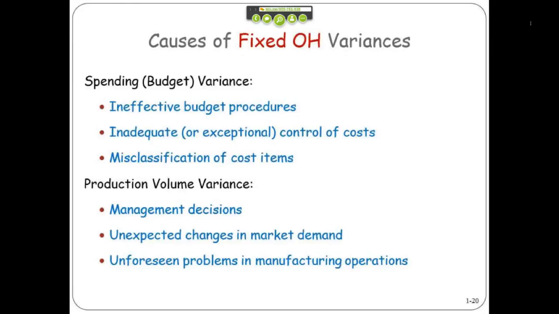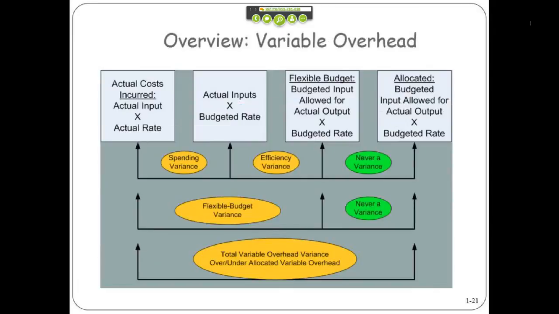You thought you were going to produce 1,000, you ended up producing 780. That changed how you applied your overhead. Or possibly a machine broke down and you had to buy a new fixed asset. That could cause it. So this is just the overview of everything we saw there.